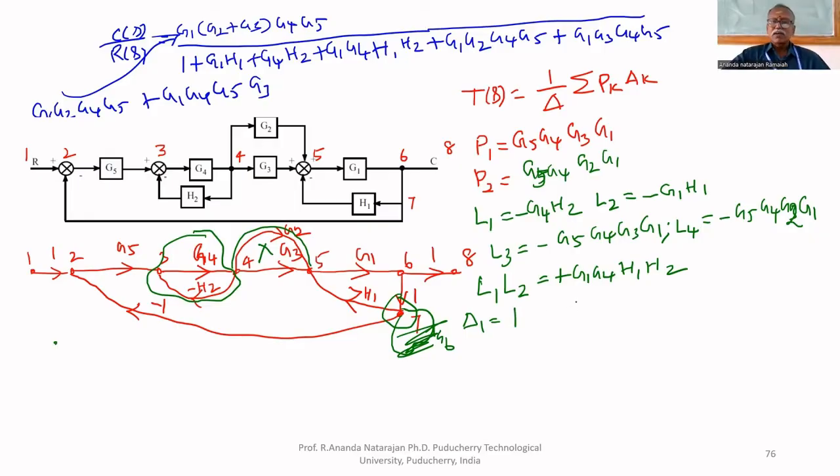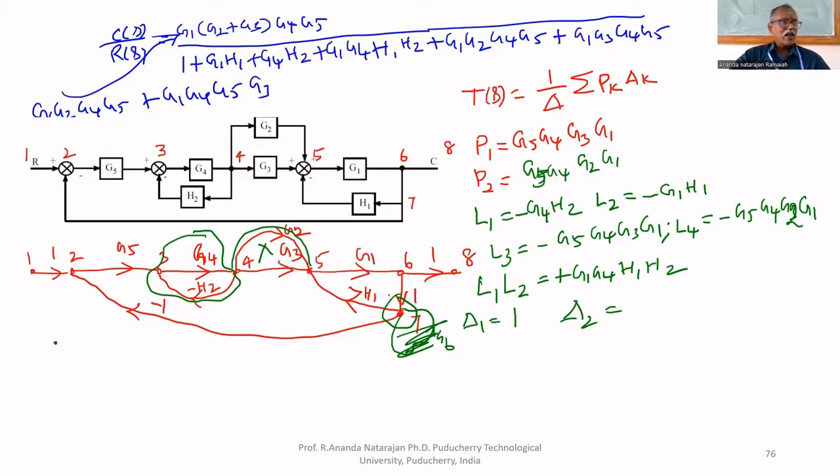What is delta 2? Delta 2 is for the other forward path, P2. Forward path 2 is G5, G4, G2, G1. The part of the graph which is not touching the second forward path is again 7 only. But 7 doesn't have any loop.